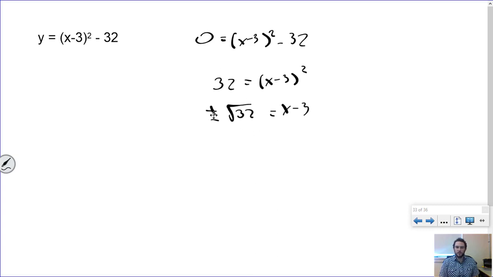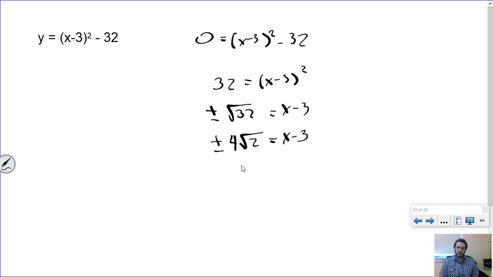Now, root 32 isn't the nicest, so what I'd want to do here is simplify it by finding the largest perfect square that goes into 32, which is 16, and then simplify that, so the square root of 16 is 4. So this turns into 4 root 2, because 4 squared is 16, and 16 times 2 is where I got the 32 from, is equal to x minus 3.